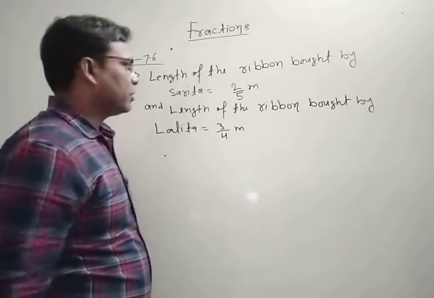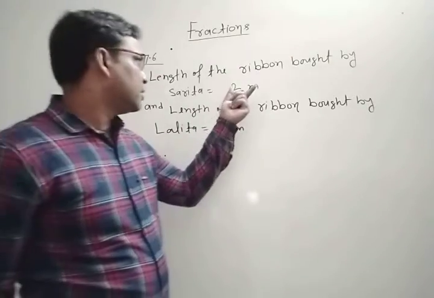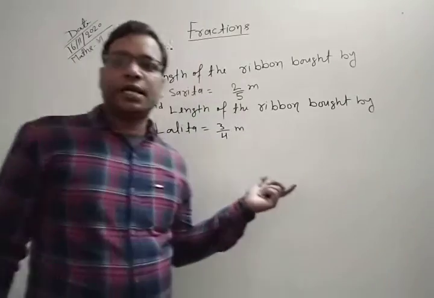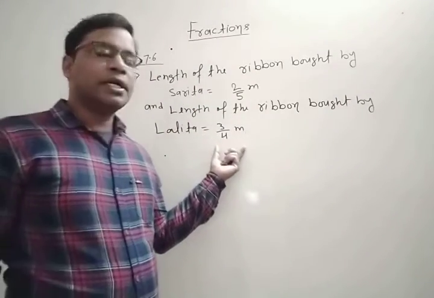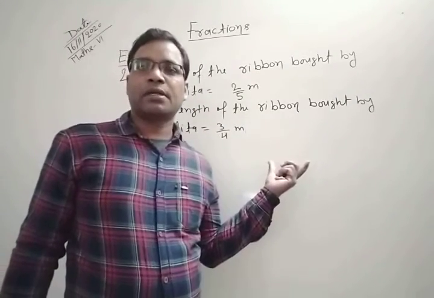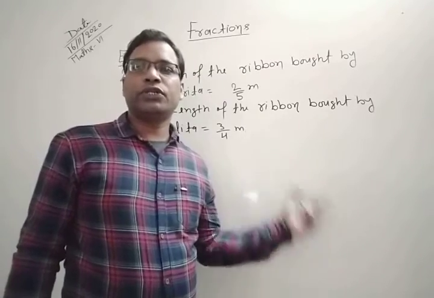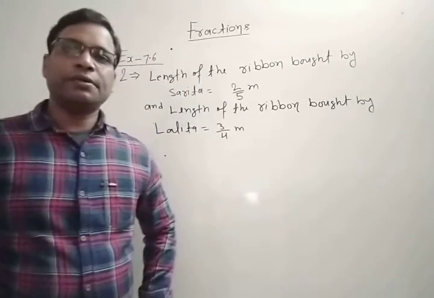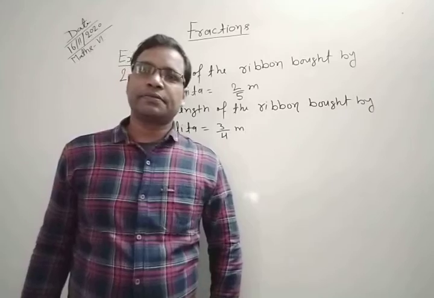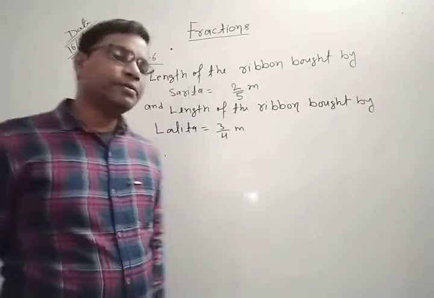Here you can see the length of ribbon bought by Sarita is 2 by 5 meters and the length of the ribbon bought by Lalita is 3 by 4 meters.